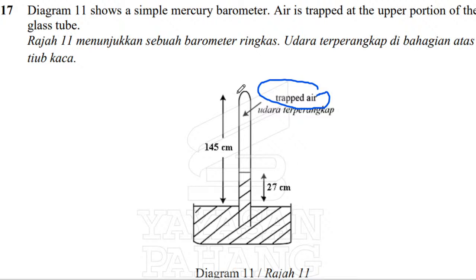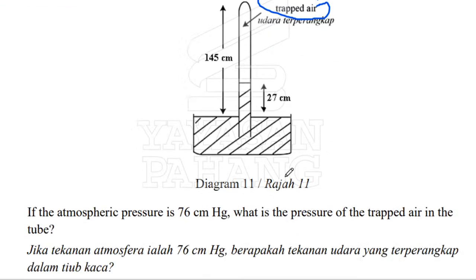But the length of the tube, this is more than 100 cm. So the length of the tube is 145 cm. So if the atmospheric pressure is 76 centimeter mercury, what is the pressure of the trapped air in the tube? Cuba, try. So they give you the atmospheric pressure is 76 centimeter.